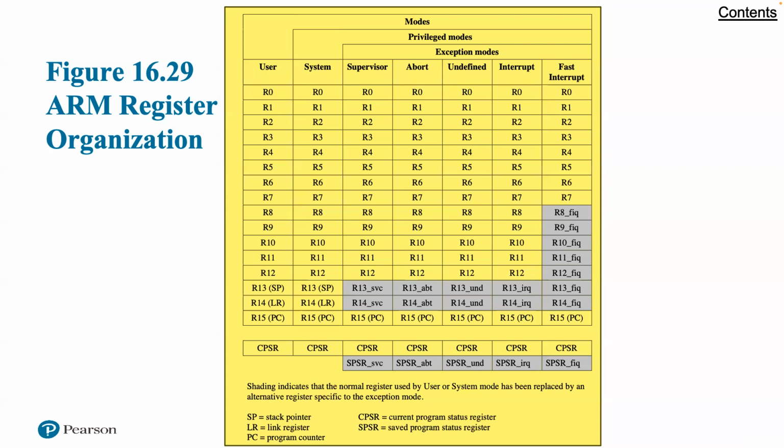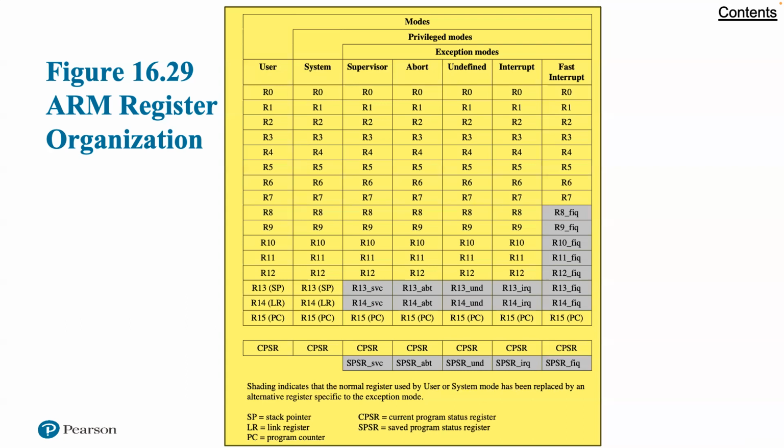Registers R0 through R7, register R15, the program counter, and the current program status register, CPSR, are visible in and shared by all modes.